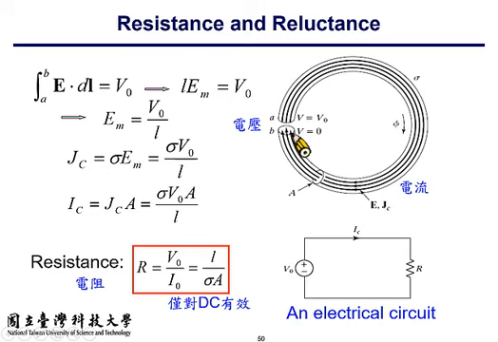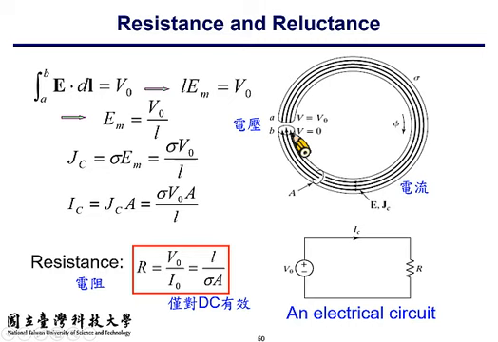Because if the current is an alternating one, if this is the AC current, then the current distribution will be concentrated near the surface of the conductor.